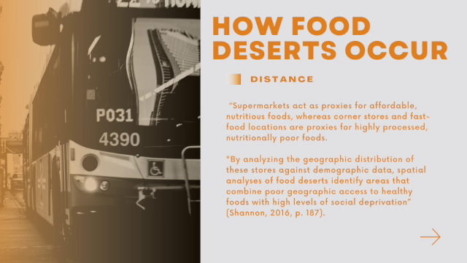And a spatial analysis of food deserts can identify areas that combine geographic access to healthy foods with high levels of social deprivation. So this is again where poverty, food insecurity, and food deserts all go hand in hand. Distance is but one of the things that expresses that and shows it in a way that is extremely physical and easy to see, hopefully.